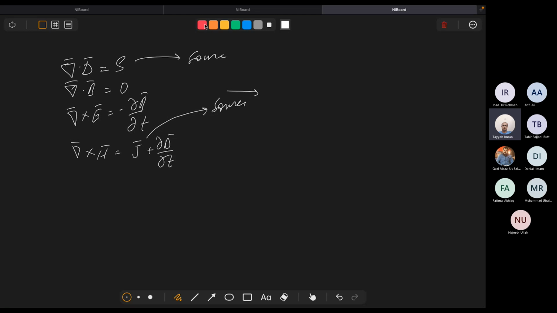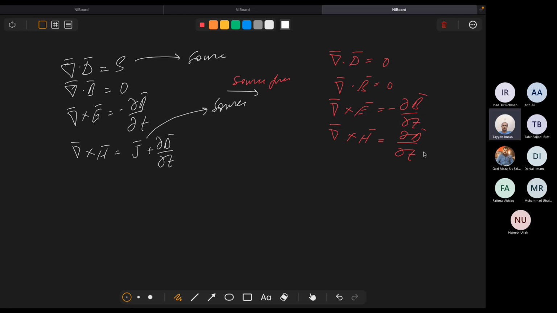If we take it source free, so in this case, curly D over curly D. Okay, so we have equations with the source and without source.